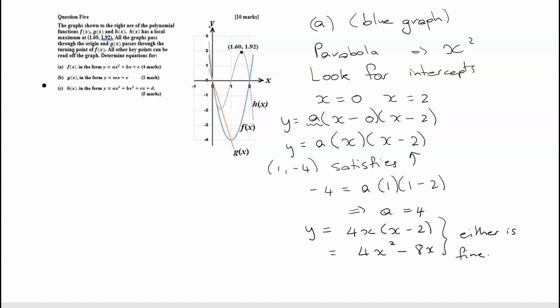The second curve is a line. Remember, a curve can be a line. So the second one, it goes through 0 in fact, and it tells you that it goes through the turning point of f of x, and the turning point of f of x was that same point.